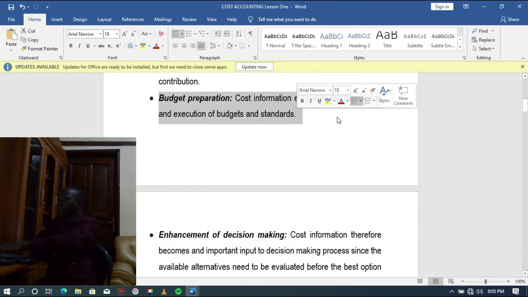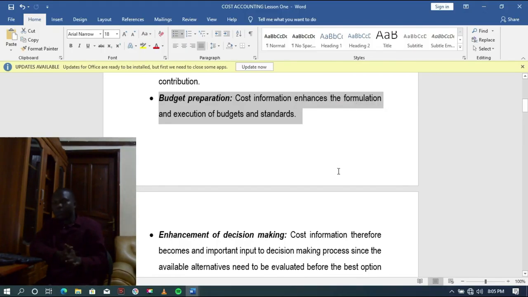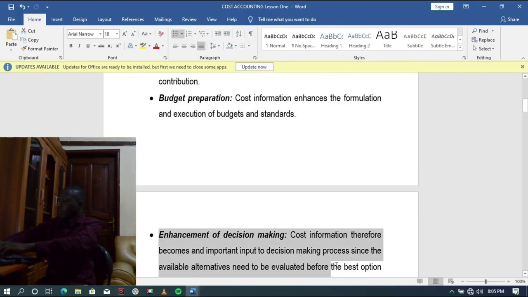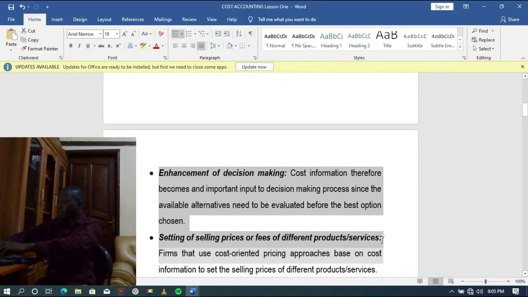Given that it avails us all the necessary information concerning cost of a commodity, we use such cost information to prepare or to forecast a future budget. A budget is one that foresees the coming period. Then it enhances decision making in business.